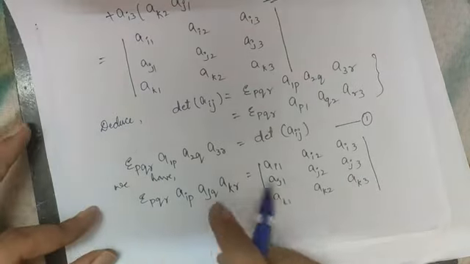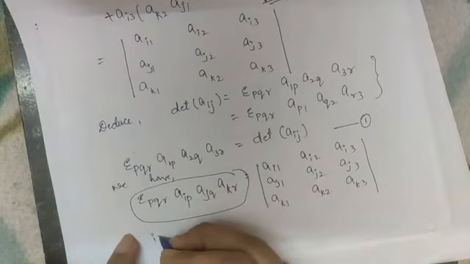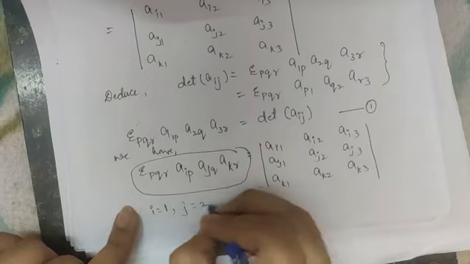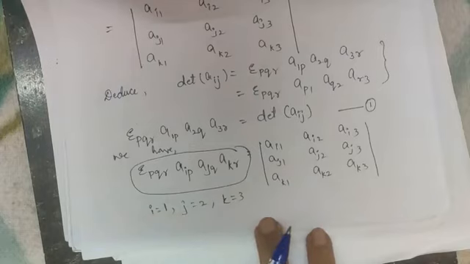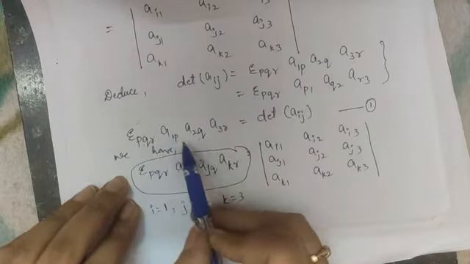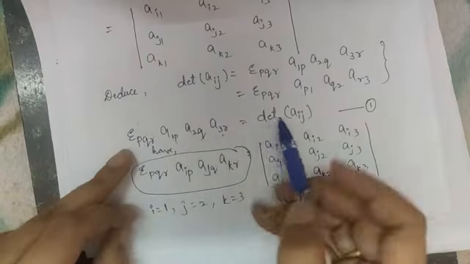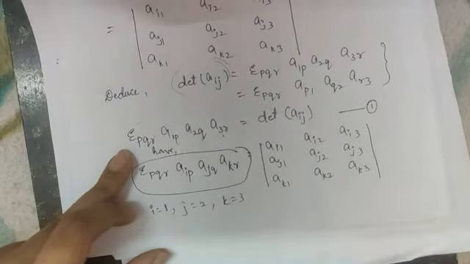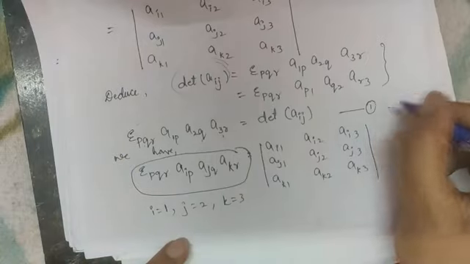In the LHS part, I will set the value of I as 1, J as 2 and K as 3. If I substitute the values like this, we will get epsilon PQR A1P A2Q A3R, which is equal to the determinant of Aij, that is obvious. I will call this equality 1.